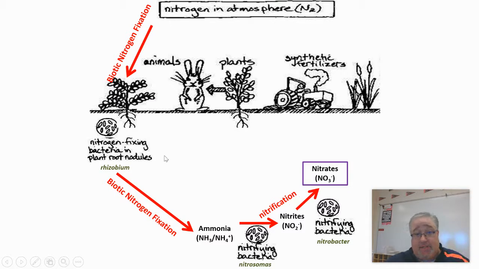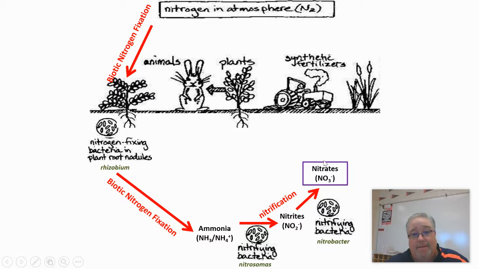Now, what I just explained to you, this whole process from getting from N2 up in the atmosphere, going through a step of fixation here by bacteria, and then a couple more steps of fixing, we call this nitrification, but they're converting a little bit more into this. Now I put a little purple box around this because that means it's important.